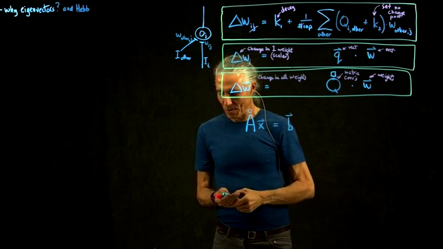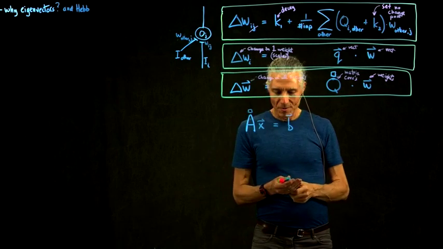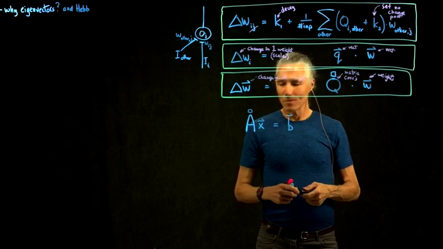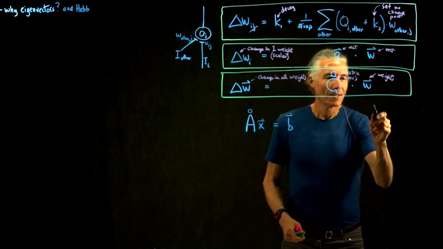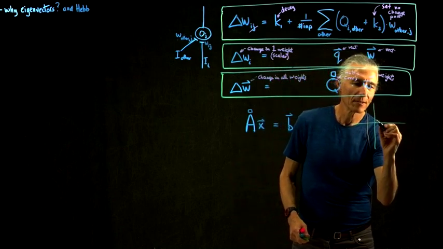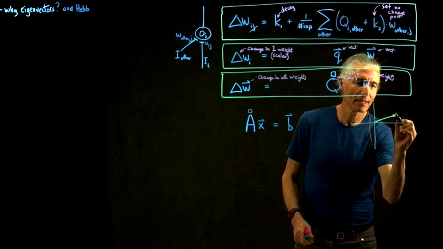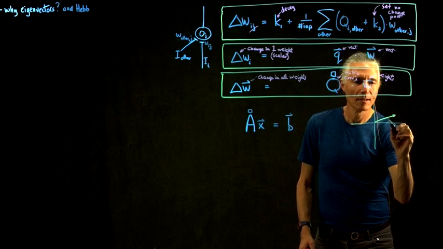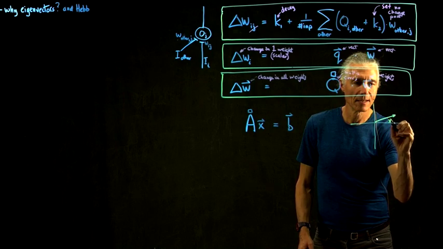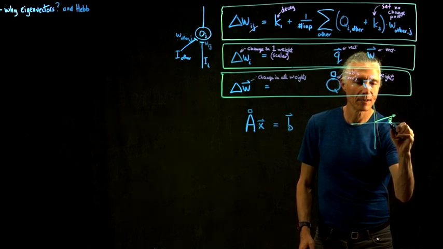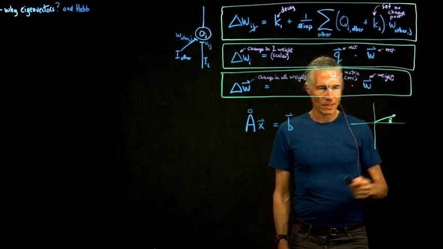It can't do too much, but if we've got a vector, say that's our vector x, what can a matrix do?